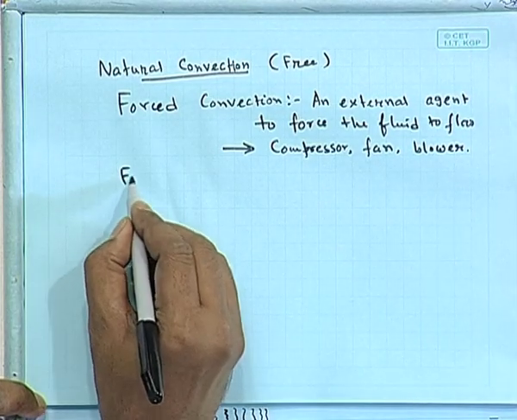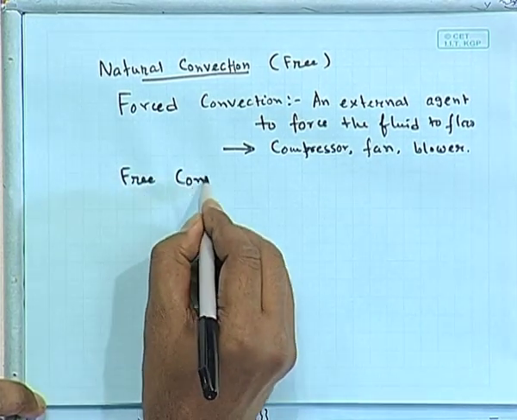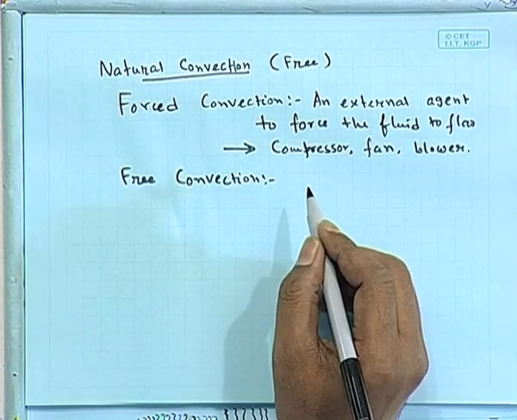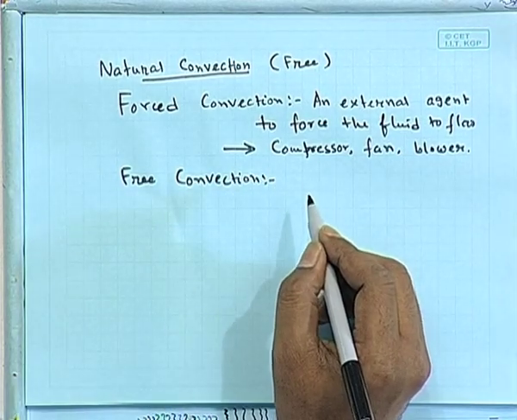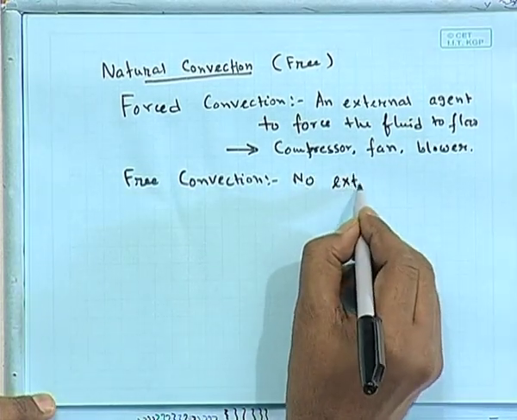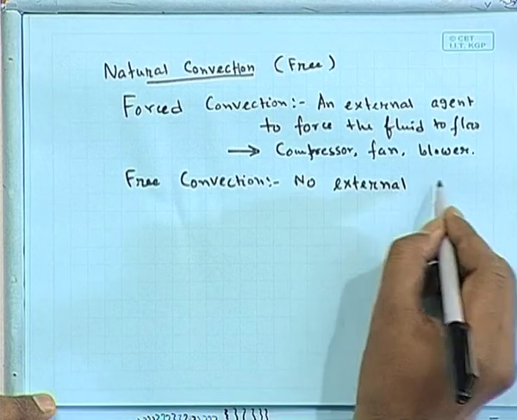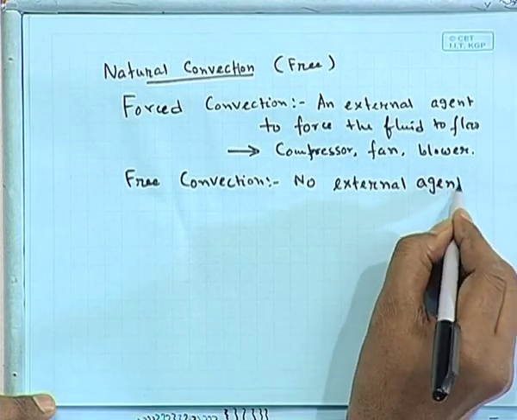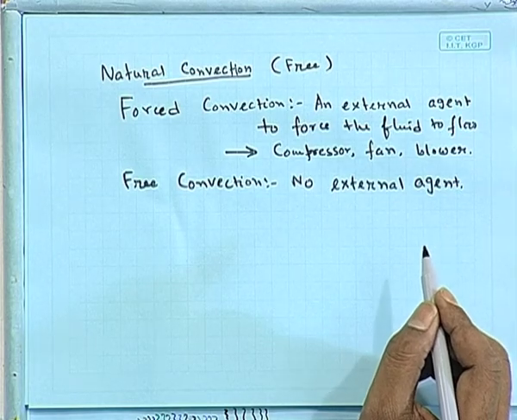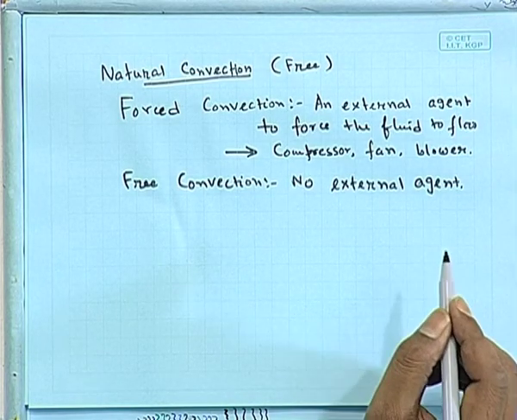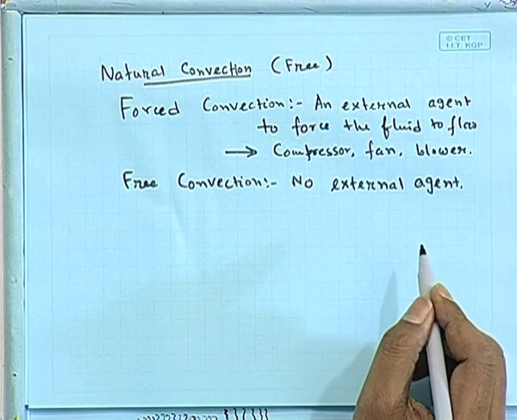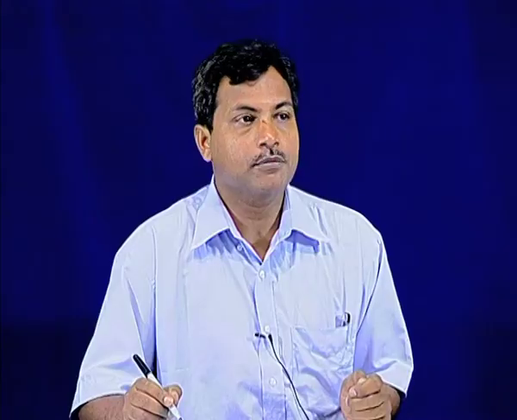And in case of free convection, you do not have an external agent to force the fluid to flow. But there is a condition in free convection: there must be a density gradient present in your flow field in presence of a body force.